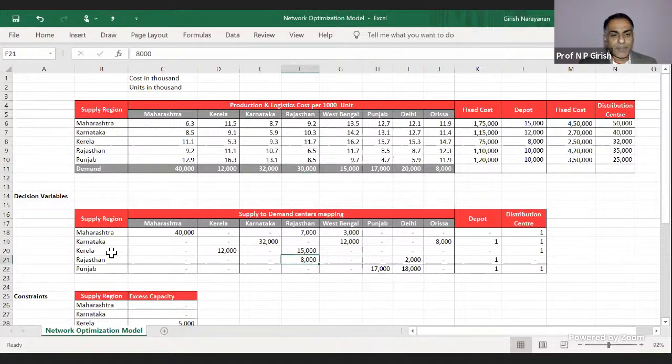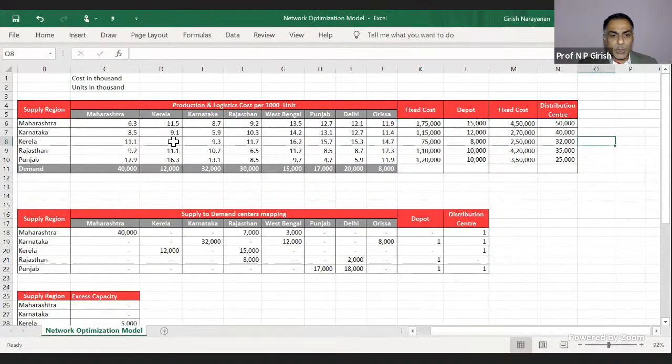Okay, now coming to Kerala. So Kerala is supplying to Kerala and Rajasthan, where the total demand is 27,000. And what are we setting up? A DC. What is the capacity of the DC in Kerala? 32.